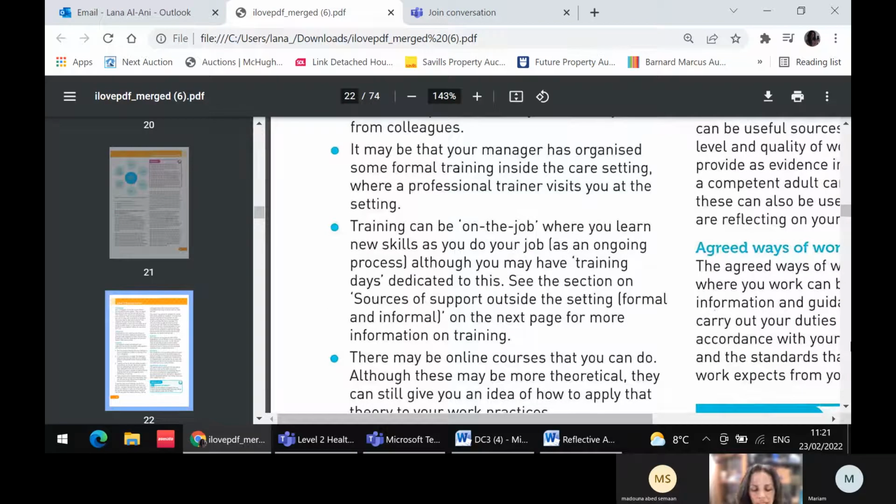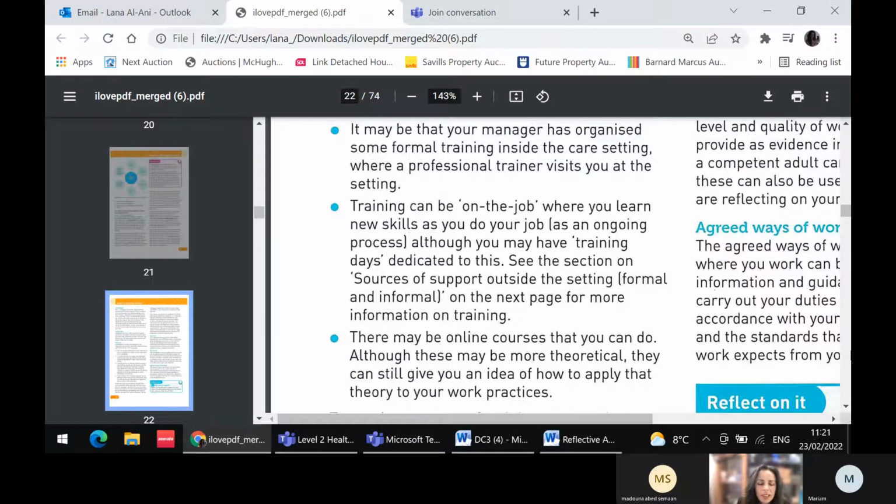Also, training can be on the job, where you learn new skills and experience, or through a training day where you can leave the nursing home and go somewhere else to get one full day of training outside the organization.